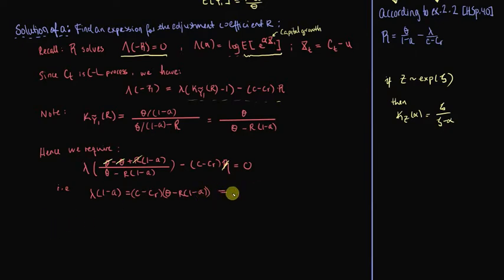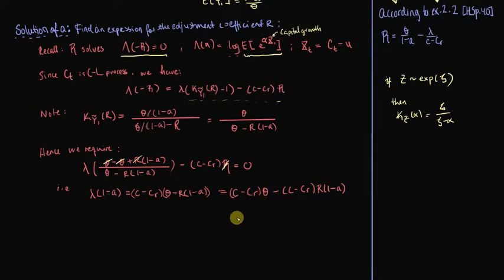Then what you get is c minus cr multiplied by theta minus c minus cr multiplied by r times 1 minus a.